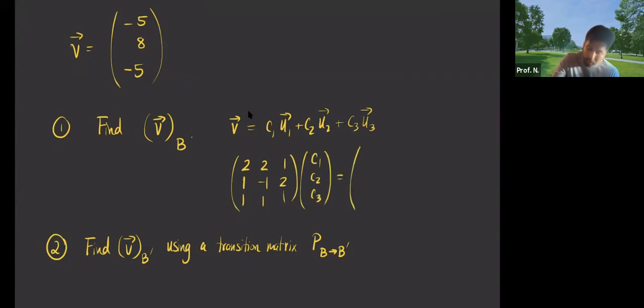And V was negative 5, 8, negative 5. And I want to find what C1, C2, C3 is.